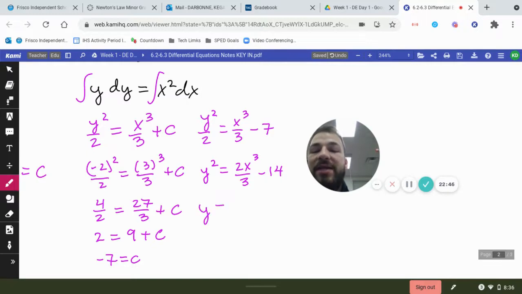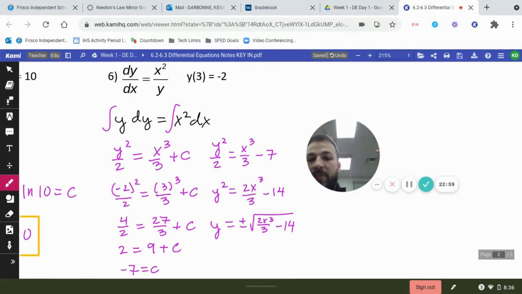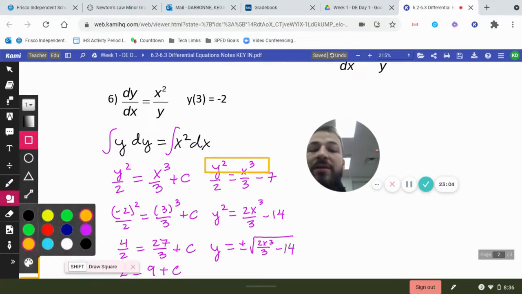And we get y is equal to the positive and negative square root of 2x cubed over 3 minus 14. So right up here, this, of course, would be our not solved for y answer. And then just below this would be our solved for y answer.